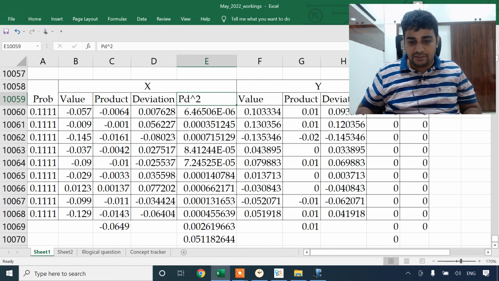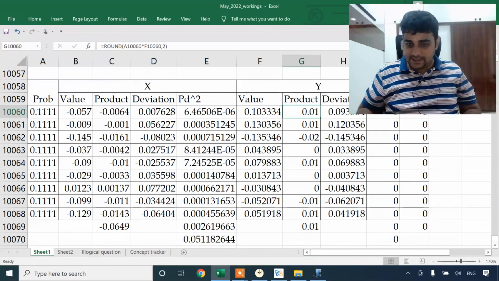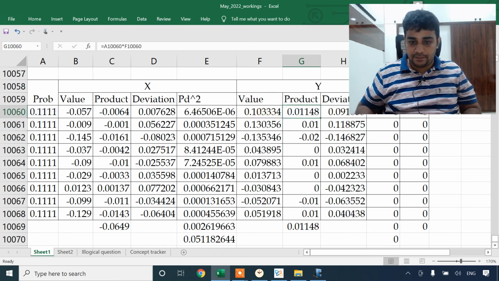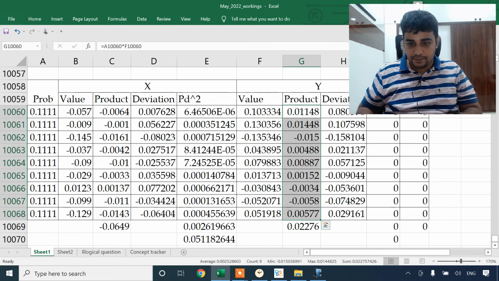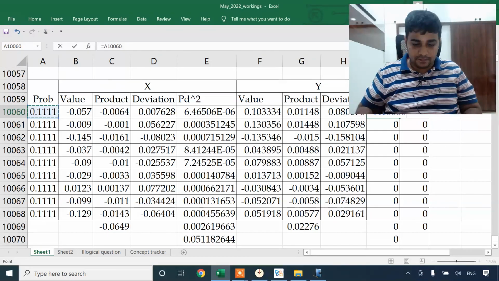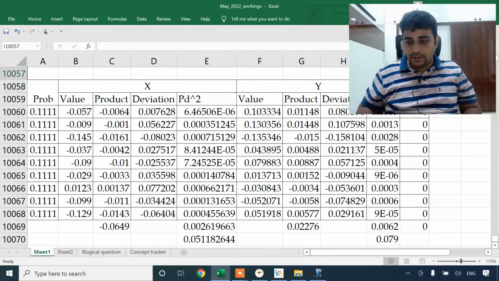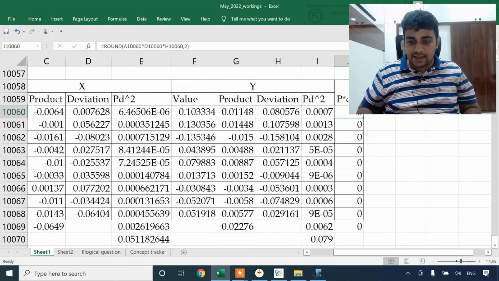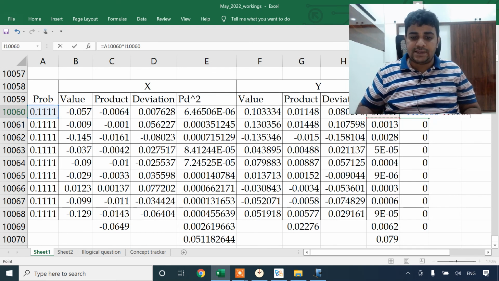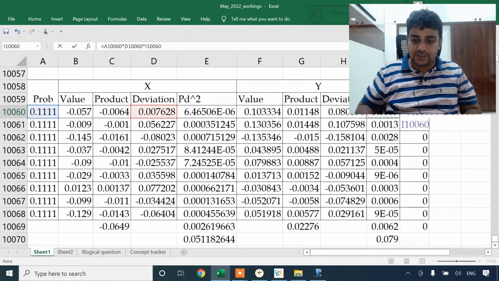The numbers are very insignificant because the percentage change is very low, can't help it, because the question has given very low percentage change.